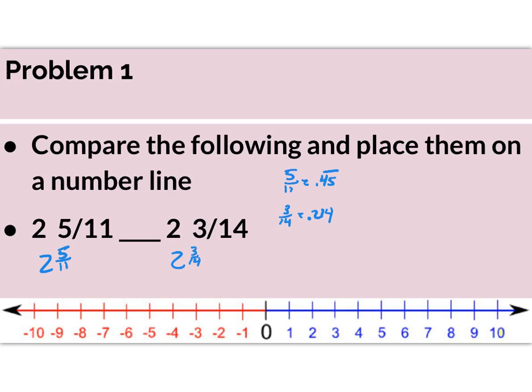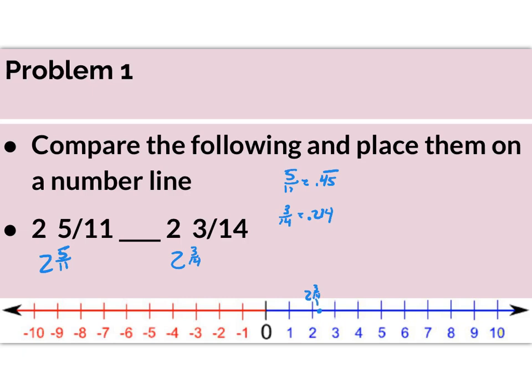And now that we're in high school, we're going to round everything to the thousandths place. And 45 is bigger than 21. So that means that 2 and 3/14 goes first. 2 and 3/14.